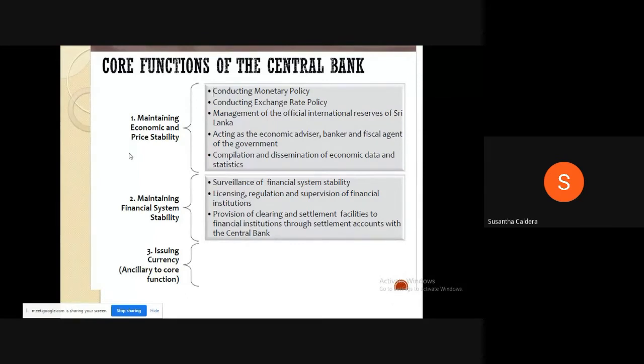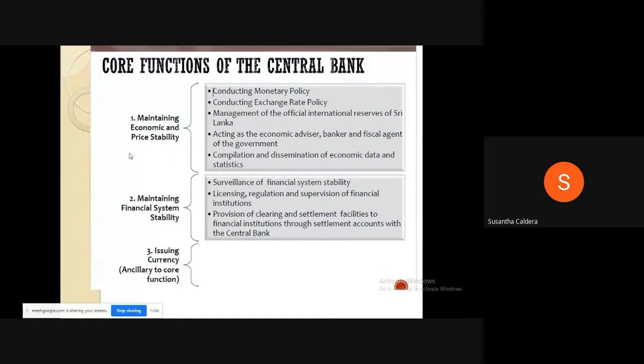Compilation and dissemination of economic data and statistics. These things are now, of course, all computerized. So every analysis will be coming from the computers. The only thing is we have to feed the correct data. Whether we feed the correct data is another issue, right?